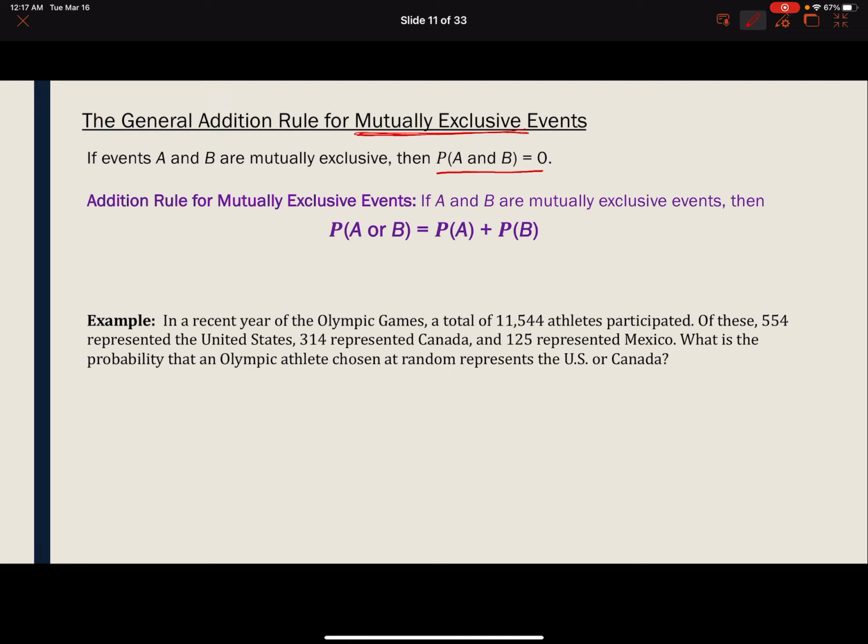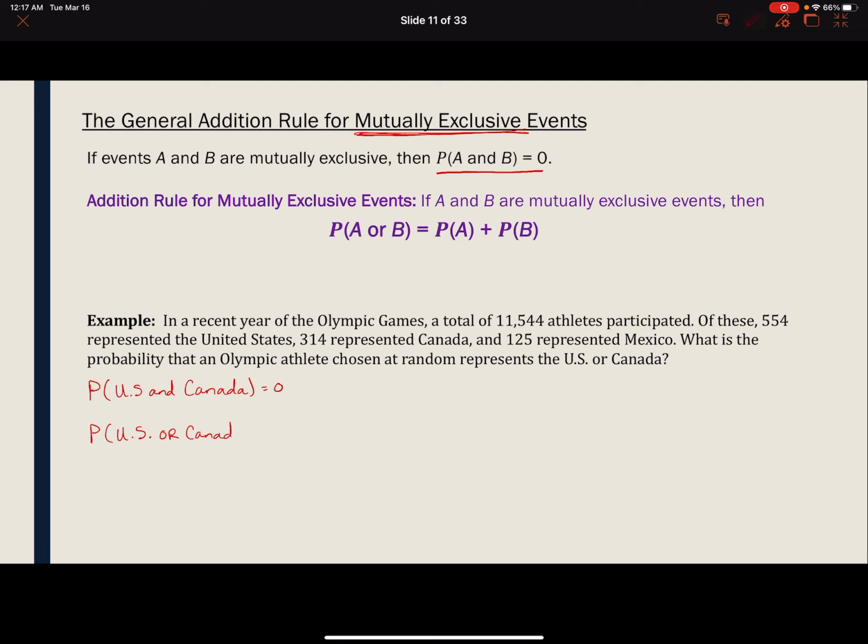It's not possible for an athlete to represent more than one country, which means that the probability that an athlete would represent the US and Canada equals 0.